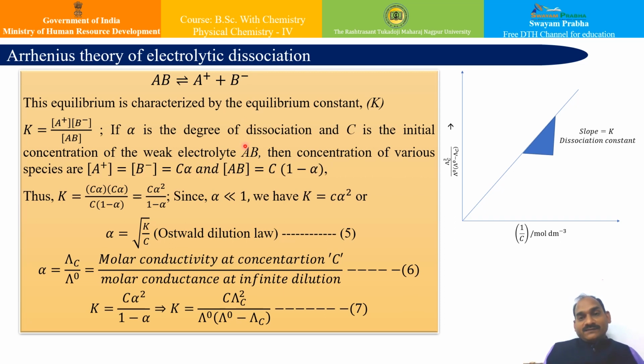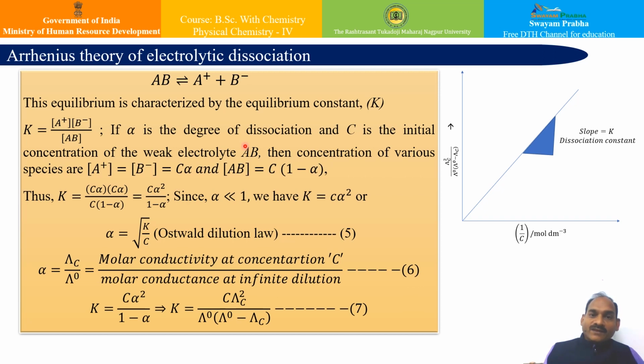As the degree of dissociation increases, the concentrations of the ions A and B also increase, and thus the increase of conductance for a weak electrolyte is basically due to the increase in the number of ions on dilution.